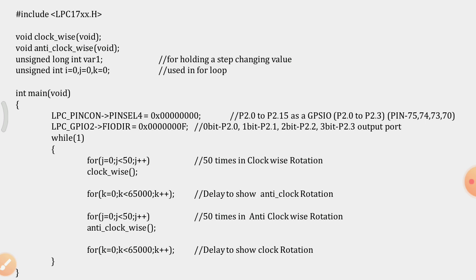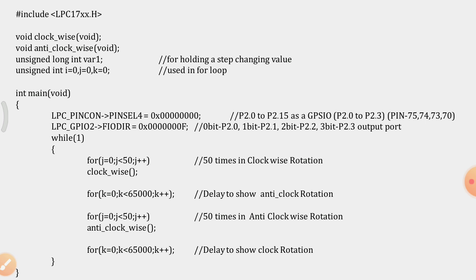When we continue with this, there will be a rotation from A to B, C, D and back to A, which is in a clockwise direction. And if the same thing is rotated in the reverse side, if the step is from D to C, C to B, B to A and back to D, then the motor will rotate in reverse direction, that is anti-clockwise direction.